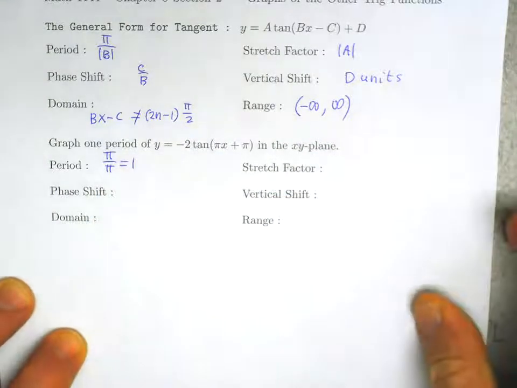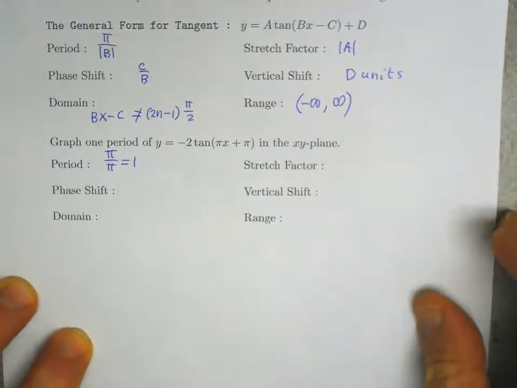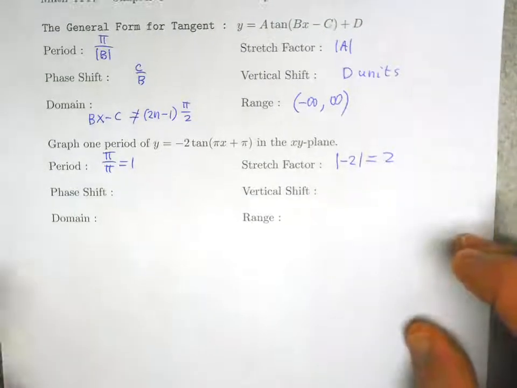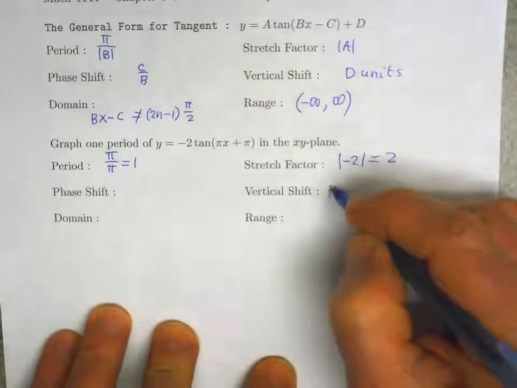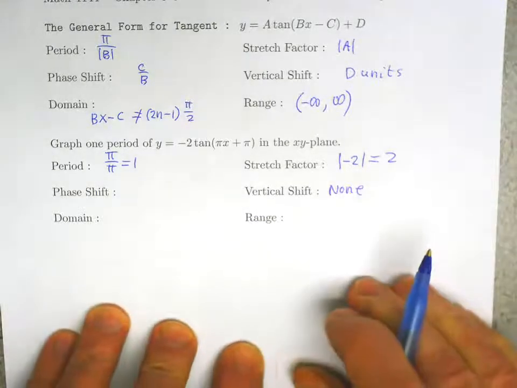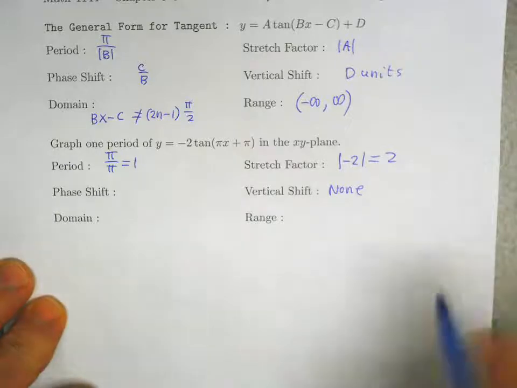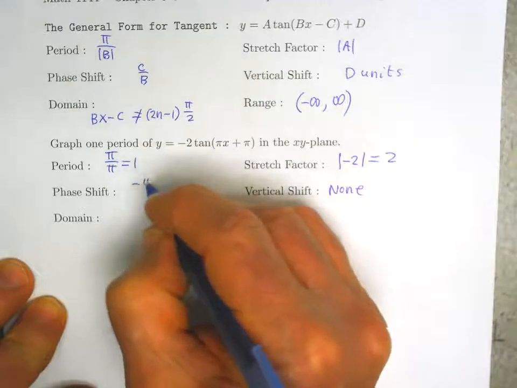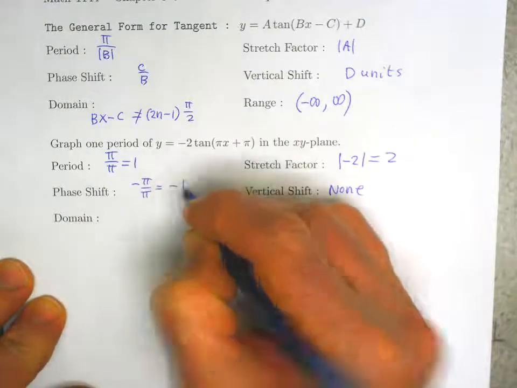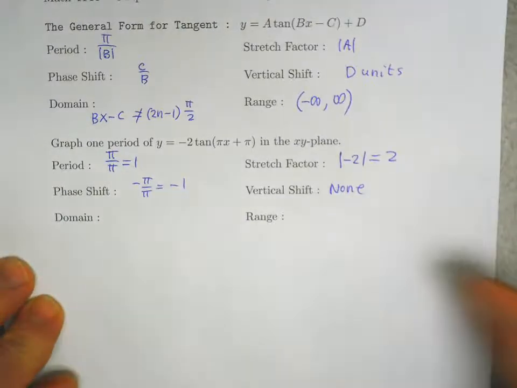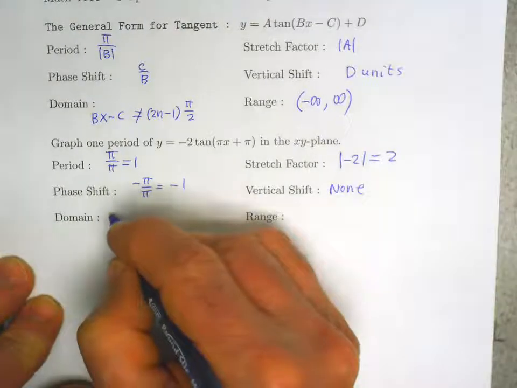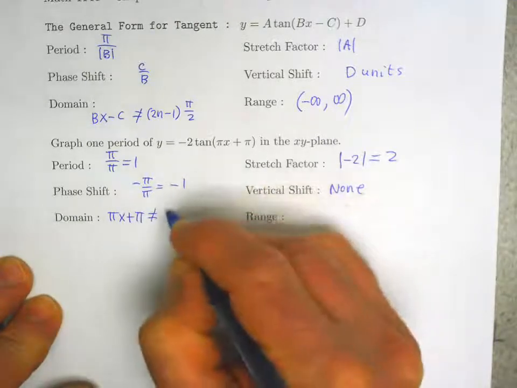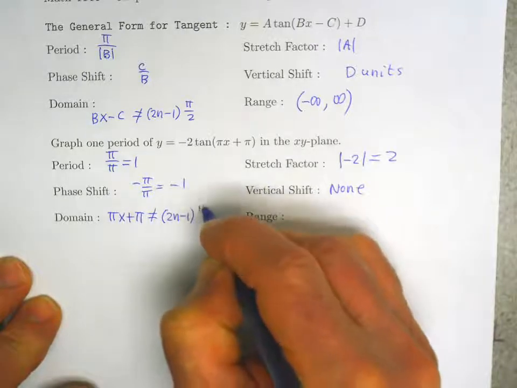So the period is just 1. The stretch factor is the absolute value of -2, which is 2. The vertical shift, there isn't one on this one. And the phase shift is -pi over pi, or -1. And the domain, we can say pi x plus pi does not equal an odd multiple of pi over 2.